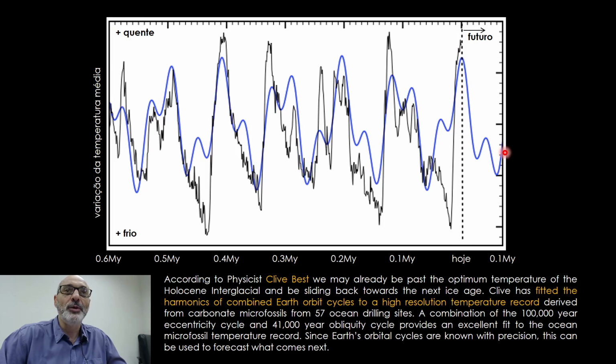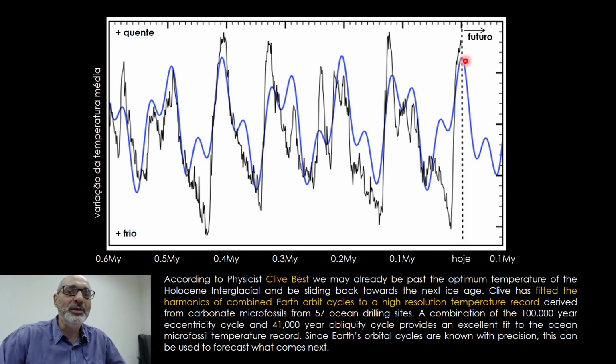We know that temperature in the future is going to drop, but I'm not talking about 1,000 years, I'm talking about 100,000 years. In 100,000 years, the temperature is going to drop drastically, actually. We're going to enter a new glaciation period, and that's due to solar energy, simply.